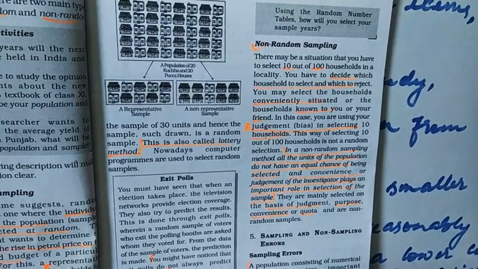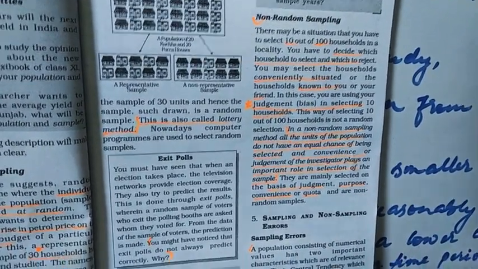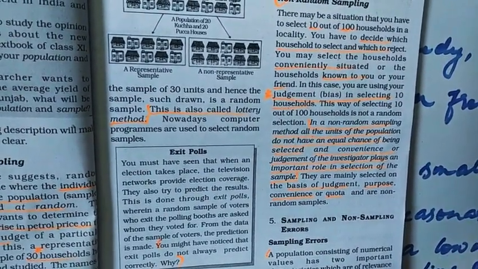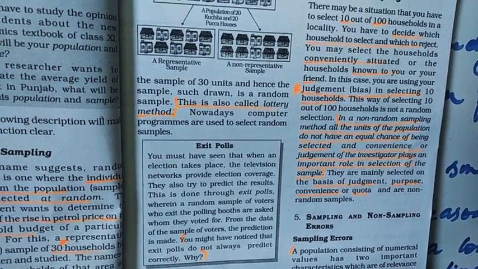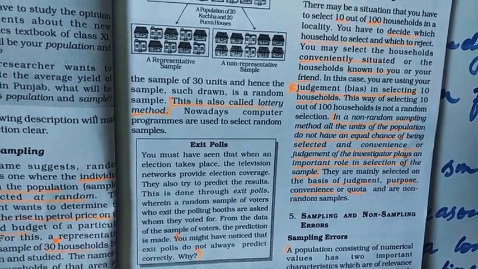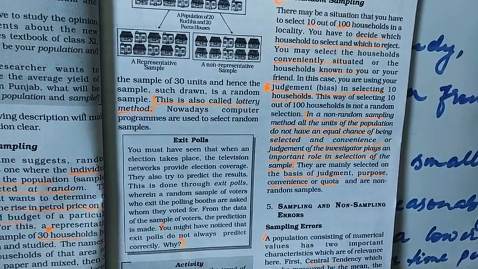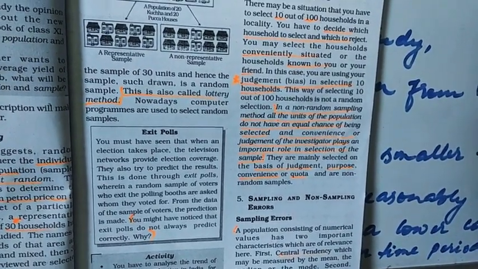So you have to decide which household to select and which to reject when you conduct a sample survey. Out of 100 households, suppose you are going to select 10 households. So you have to decide which ones to reject and which ones to include in your selection of the sample survey or representative sample.